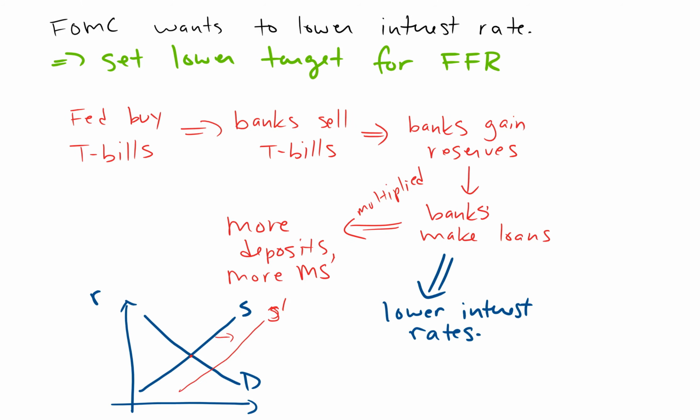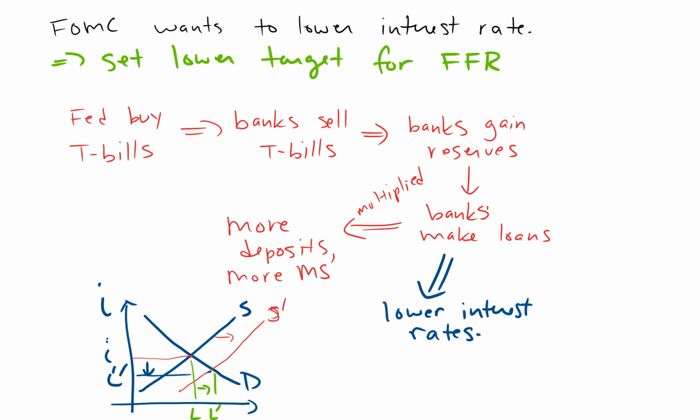I'm going to change this to I to make it simple. So this interest rate will fall. So we end up with more loans, which can be seen on the horizontal axis, and we're also seeing a lower interest rate. So this is the idea.